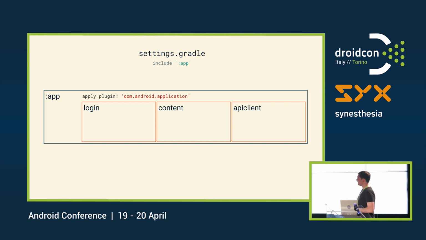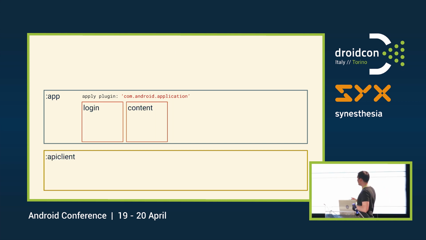So if we look at our application and we say we have this really thin wrapper for making network requests, so the API client package, for example, and it's really nicely extracted already in your code base maybe, then it would be a prime example to move it out into a library, into a module. And that's what you can do. You can just create a new module, put the code in there, so remove it from the application and put it into the API client module that you've just created.